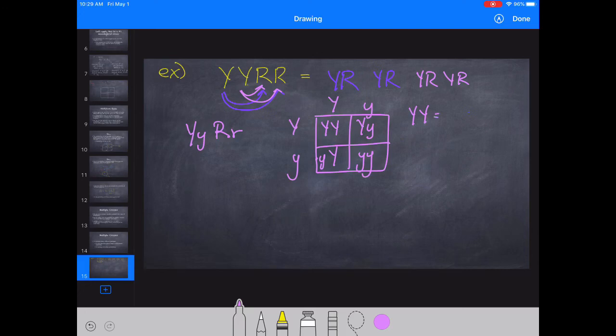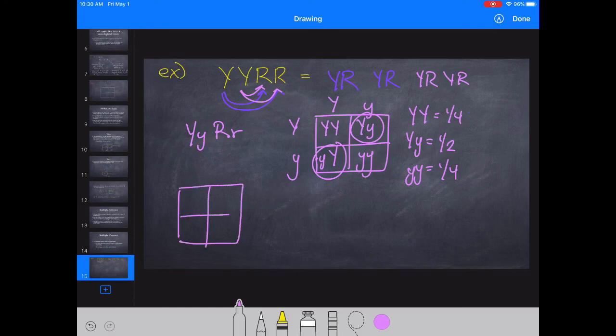So let's break them apart. Big Y is going to have the probability of being that, which is 1/4. Big Y, little y, because there's 2 of them, I'm going to say 1/2. And then little y is also going to give me 1/4.